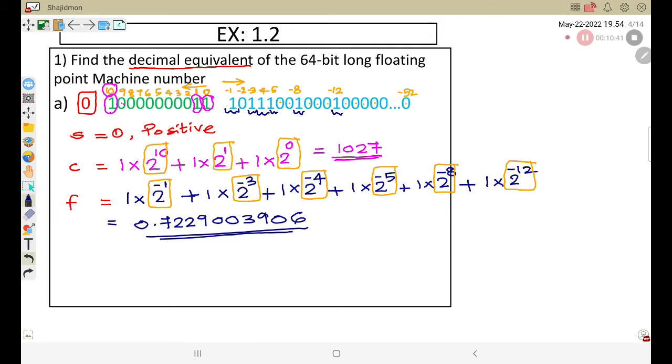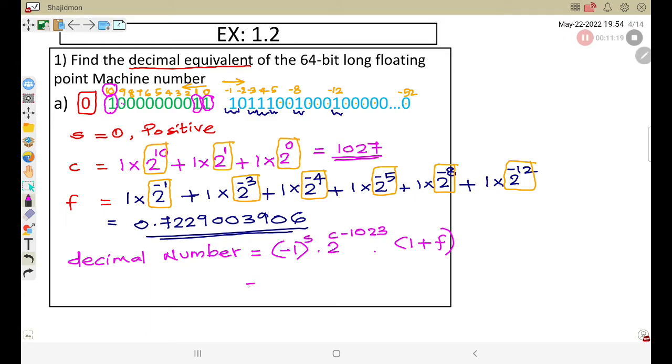Okay, now we are answering our question. What is our question actually? Find the decimal equivalent of that 64-bit machine number, correct? So we have studied already the rule here. Decimal number equals, okay, what is the rule? Minus 1 power s multiply 2 power c minus 1023 multiply 1 plus f.